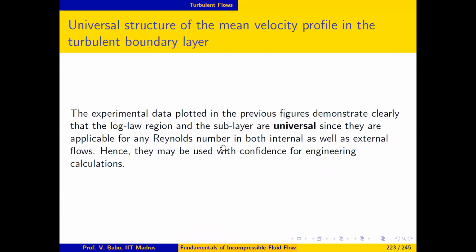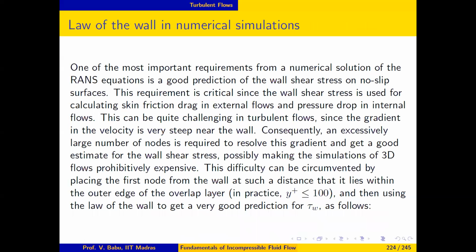And when we do that, an excessively large number of nodes is required, and the overall increase in the number of nodes may be so high that doing 3D simulations may be prohibitively expensive. It may not be possible at all.